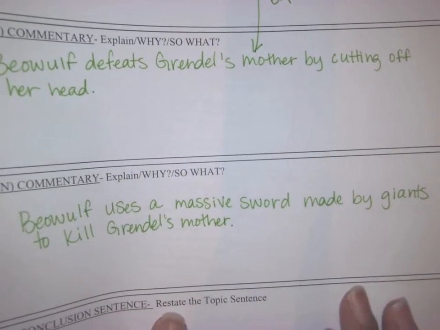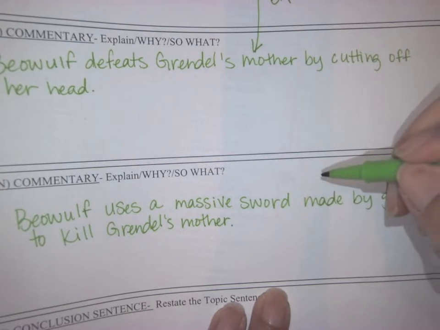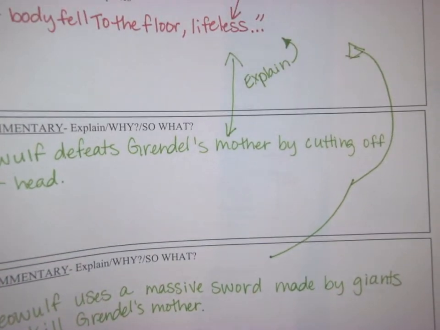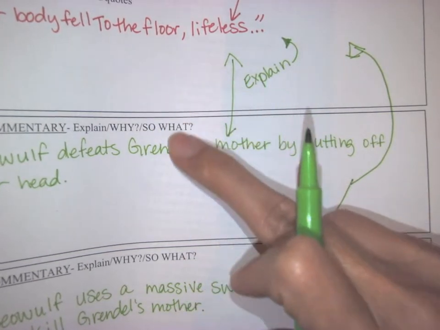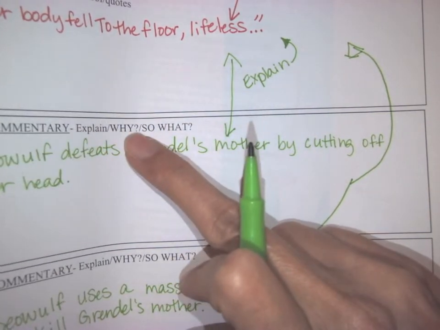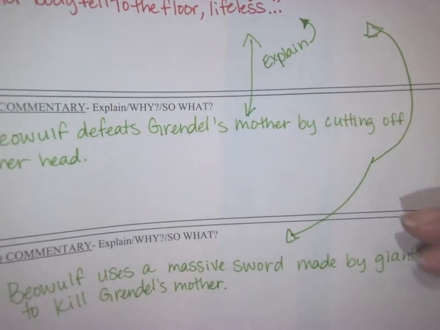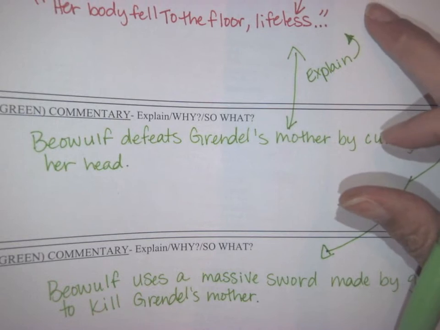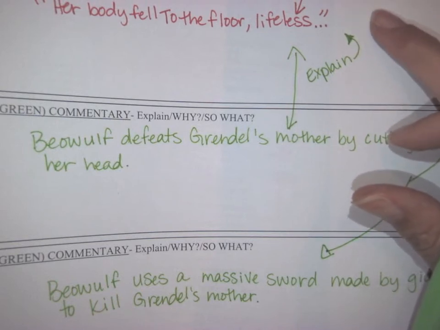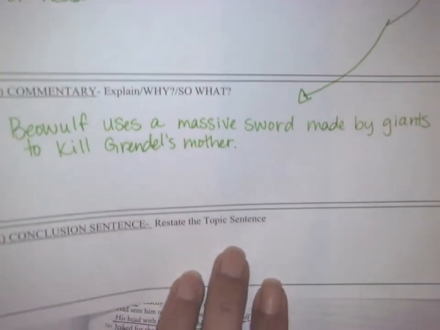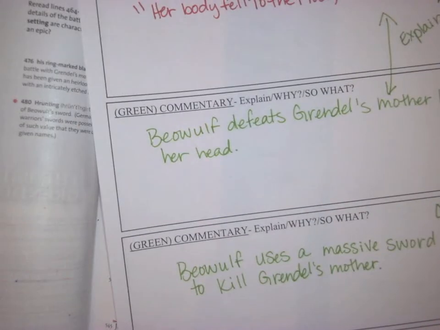So there you go. So this again goes with this red up here, connects together, so they all go together. So you're taking your red and you're explaining it. Why? So what happened? Why is this important? Okay, why is this quote important? What does this quote show? So that's what you're doing with the green. So why is it important? What does it show?